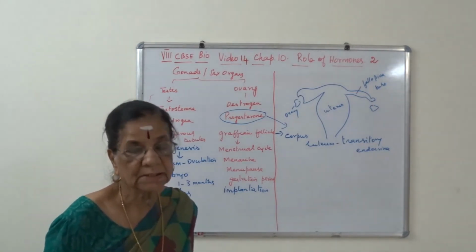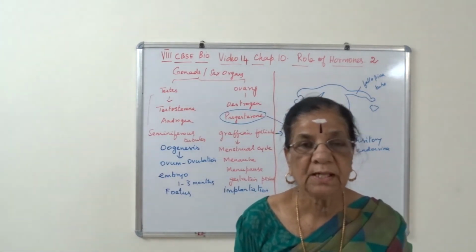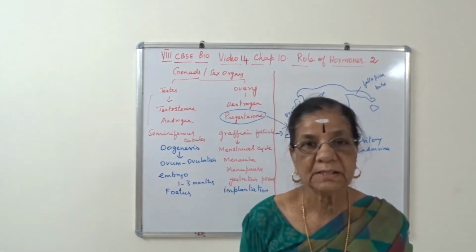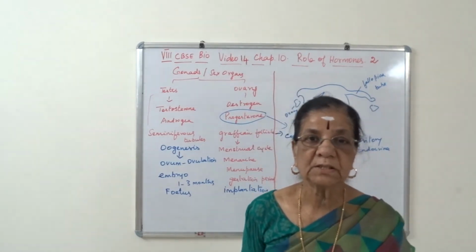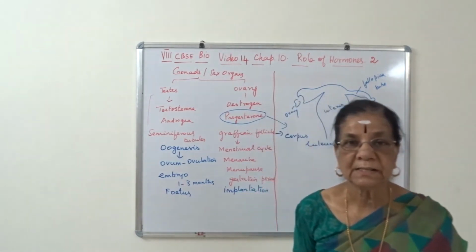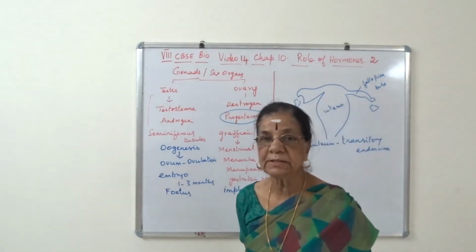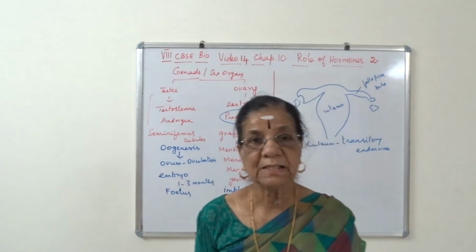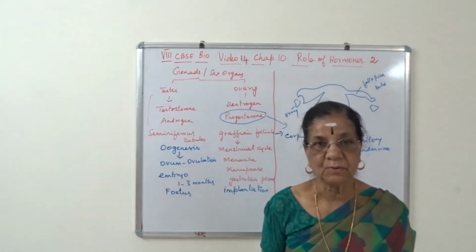Now estrogen is meant for the primary sex organ ovary, where it is taking part in the development of Graafian follicle and formation of ovum and release of ovum. And it is also taking part in calcium metabolism. Yesterday we were talking about parathyroid, is it not?